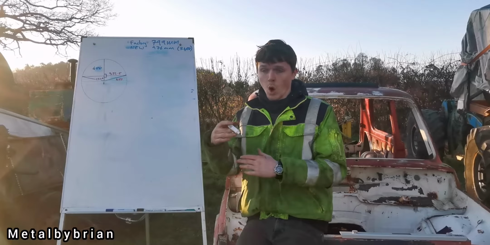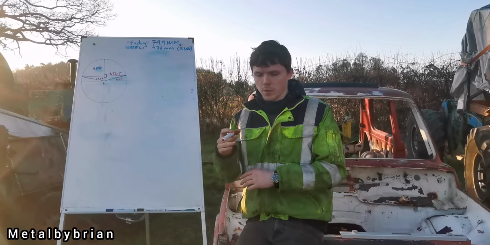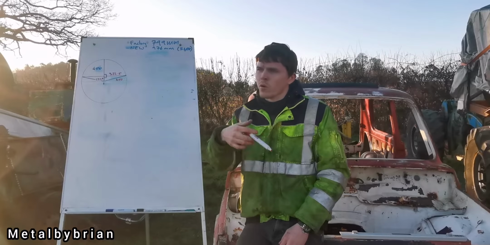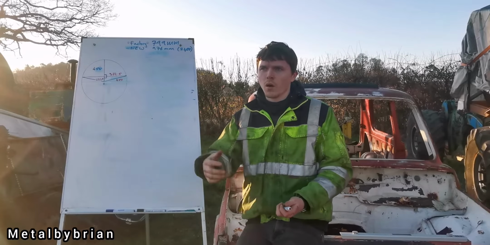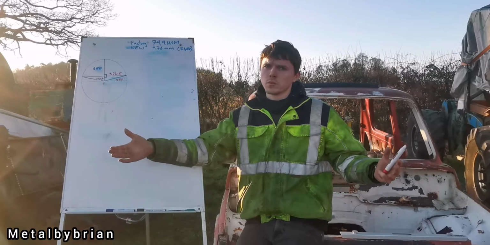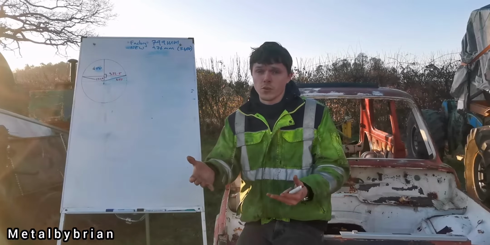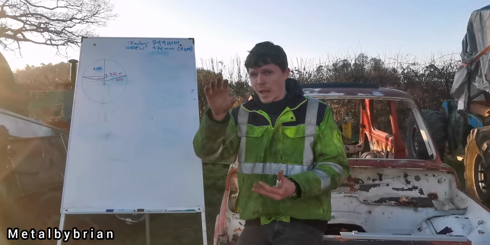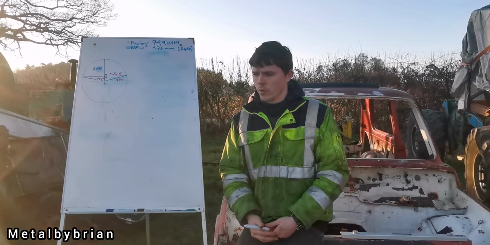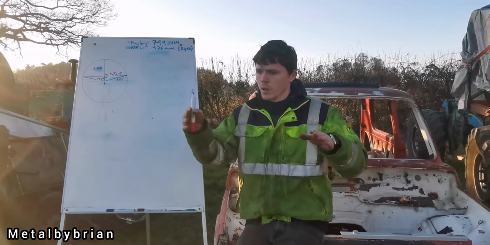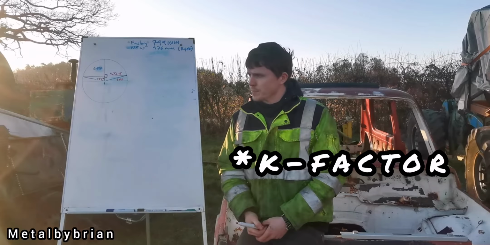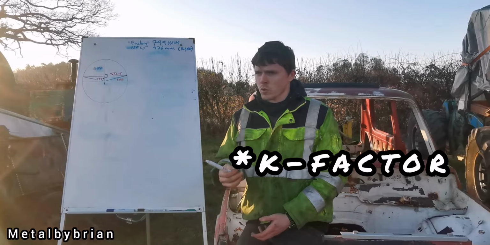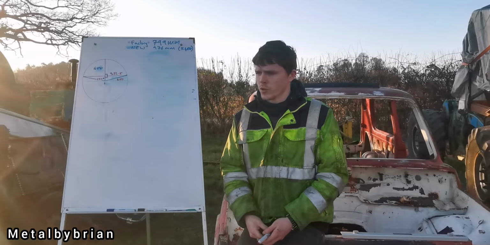So you'd add that or deduct it from all of your measurements for when you roll it. So the outside of your carbon steel stretches and your inside shrinks, and your neutral line is the measurement that stays exactly the same throughout folding, and it's called a K value basically. You can research more on it if you want to research K values.